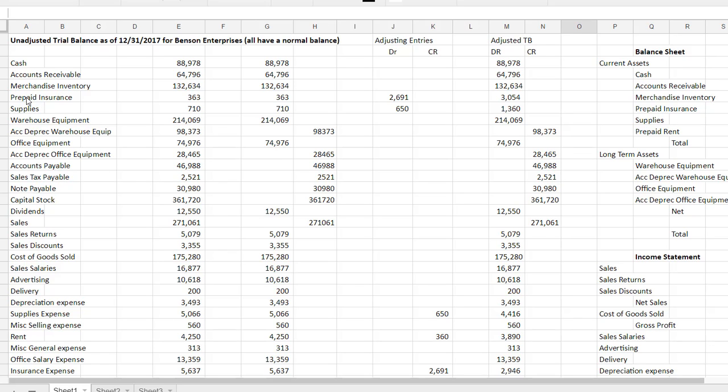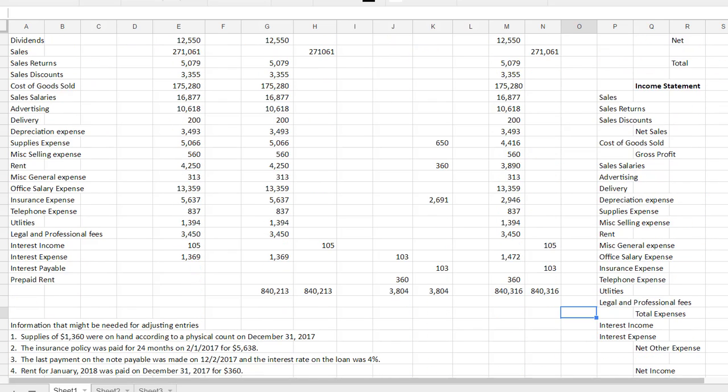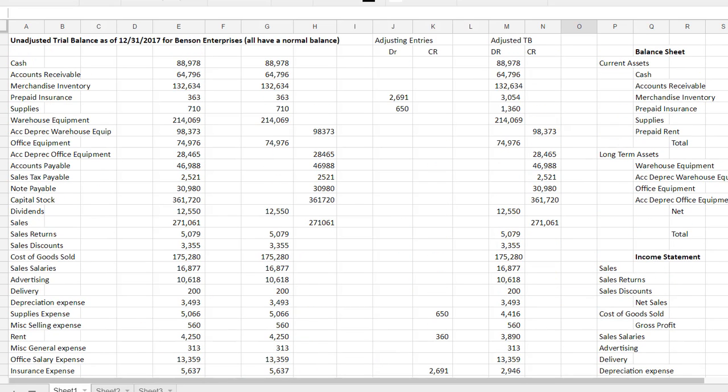And I'll just tell you that when you see prepaid insurance, supplies, note payable would indicate there's interest, salaries, any of those, depreciation may be a situation where you may need an adjusting entry at the end of the year or the end of the accounting period.